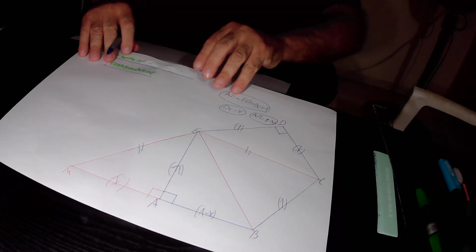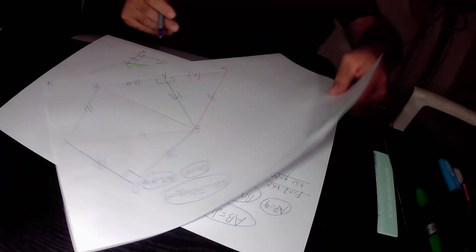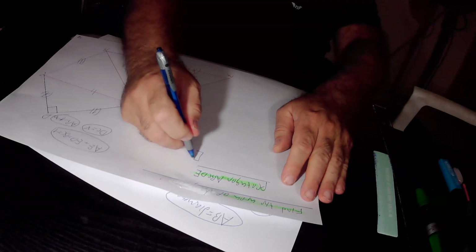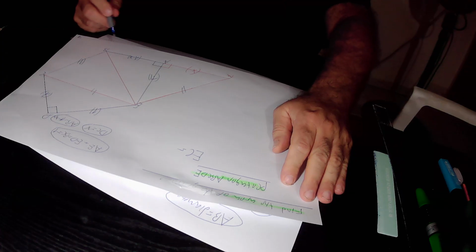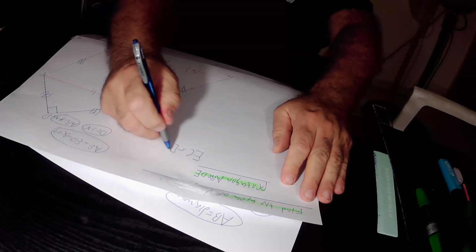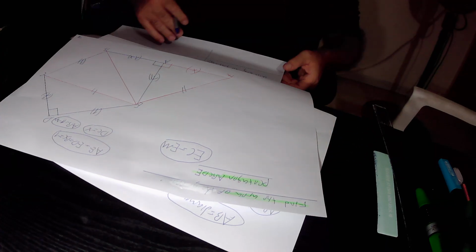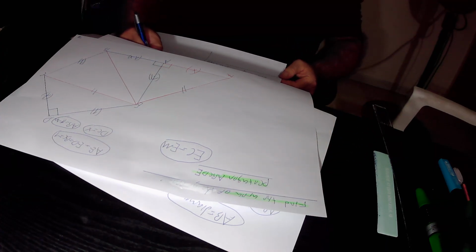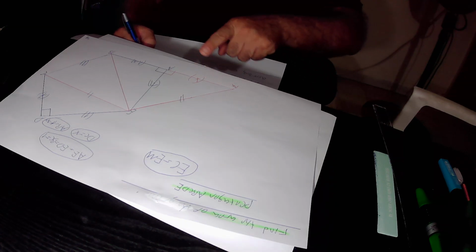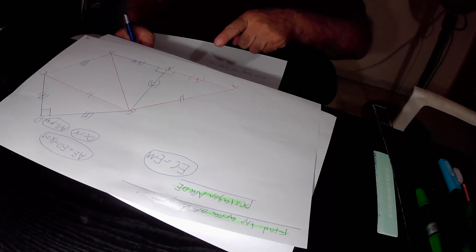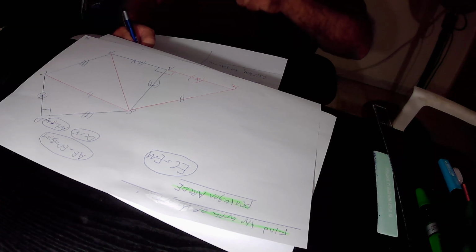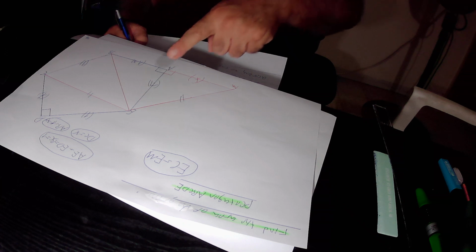So now, I should find out that EC equals EM, or side MA on the right triangle EMA is equal to side EC on the right triangle EDC.